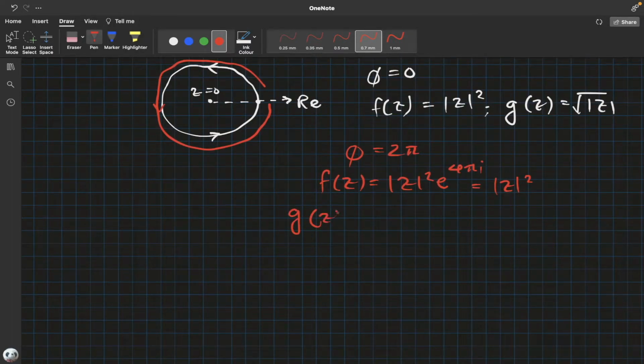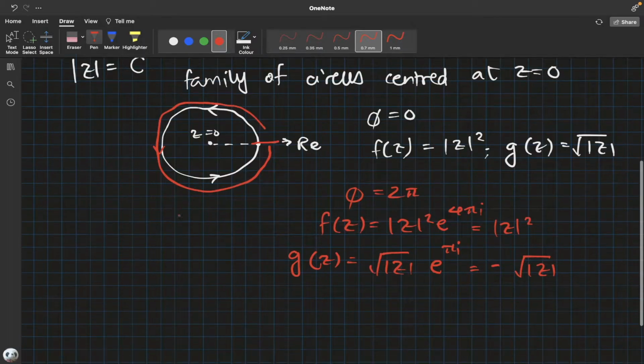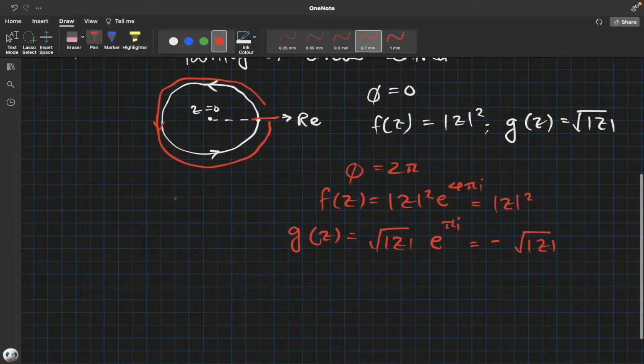Something interesting, we would expect the same value for g of z, but it's not really the case because you have this and then you have e to the pi i because you divide the phase by 2, which is negative. So we have a negative value, and this is distinct from what we had when we started at phase 0. That's really interesting, isn't it?